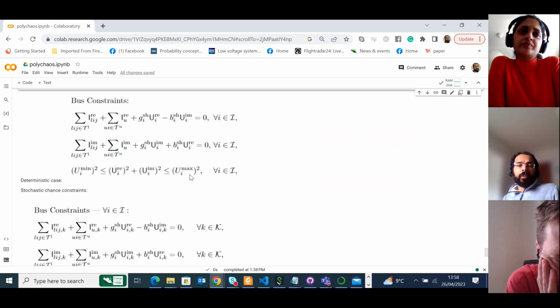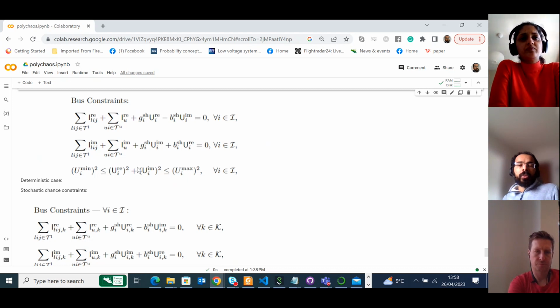And this one is the tricky part, where there are quadratic terms. It's a voltage square, which is the square of the real and imaginary parts. So we need multiplication terms here.